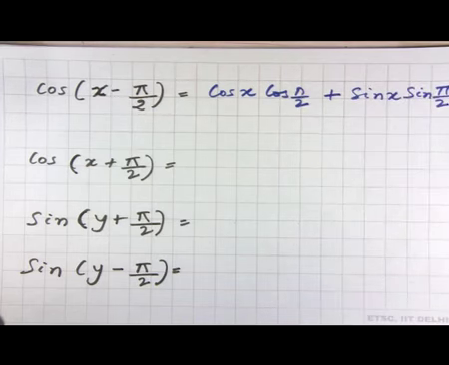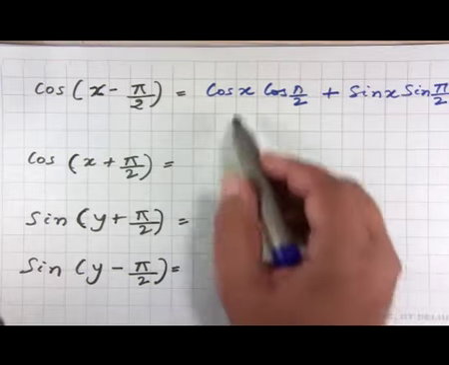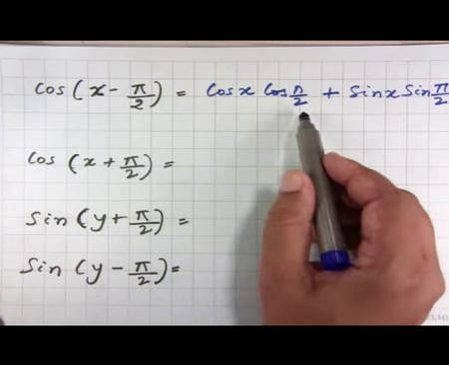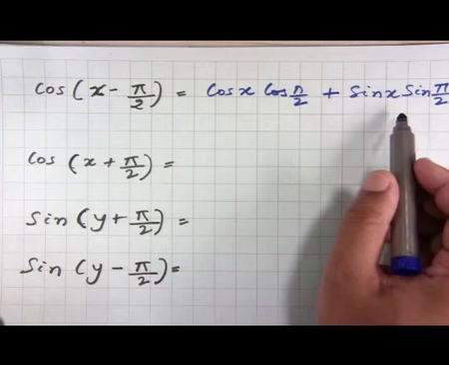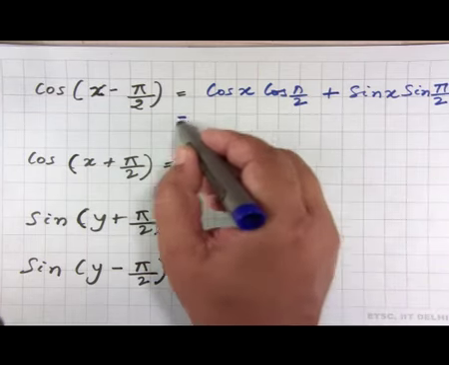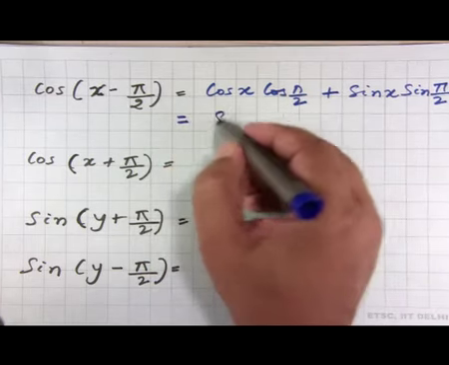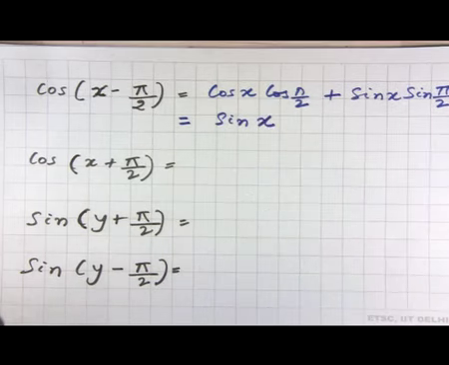We know that cos of pi by 2 is 0 and sin of pi by 2 is equal to 1, and therefore, the first term in this summation will be 0 and only the second term is going to contribute. So, this is equal to sin of x.